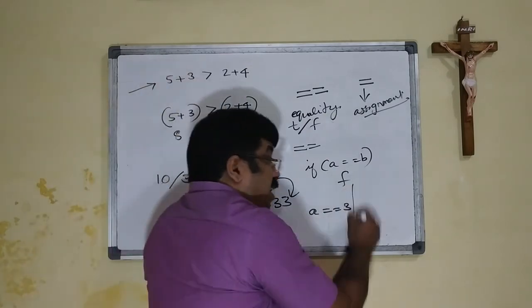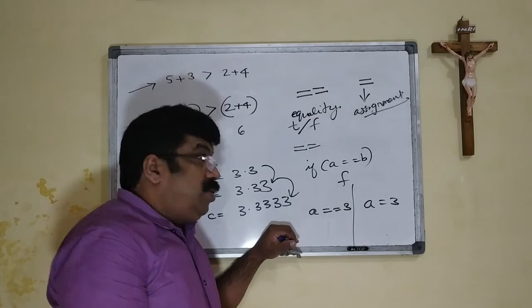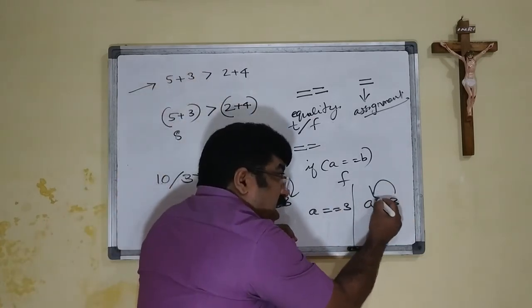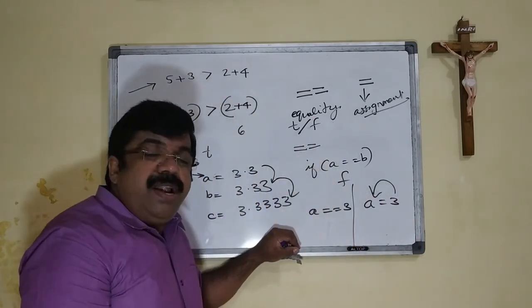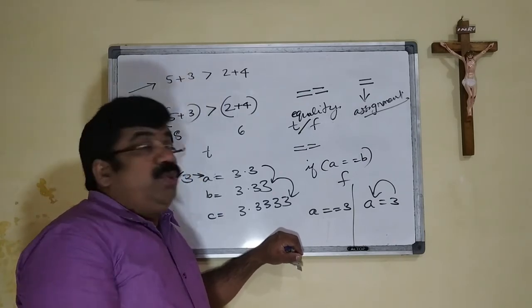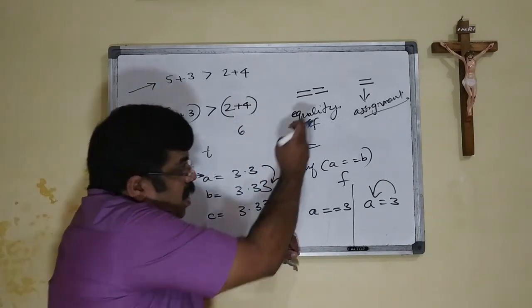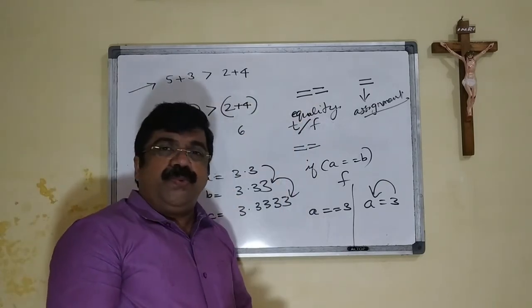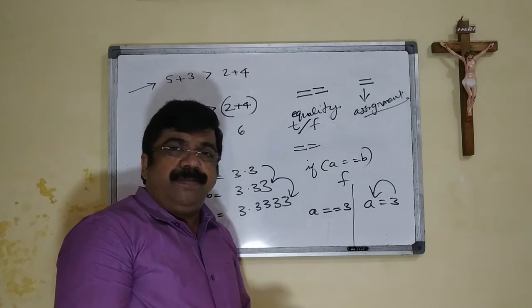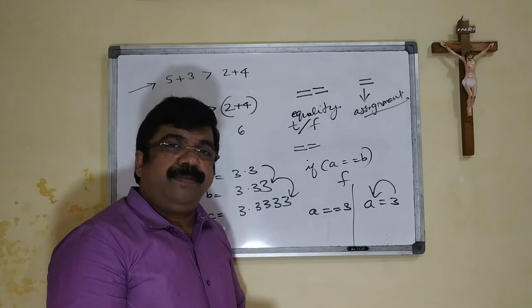But in the other case, A equal to 3, what happens? The value 3 will be assigned to the variable A. So this is the difference between double equals to and single equals to. Okay. I think all these points are very clear.